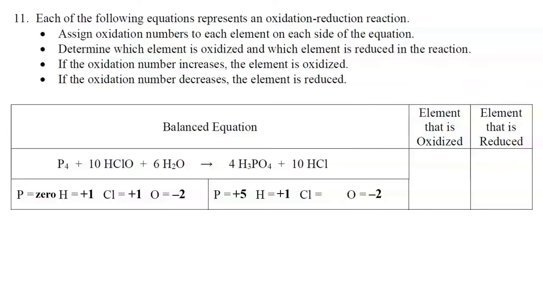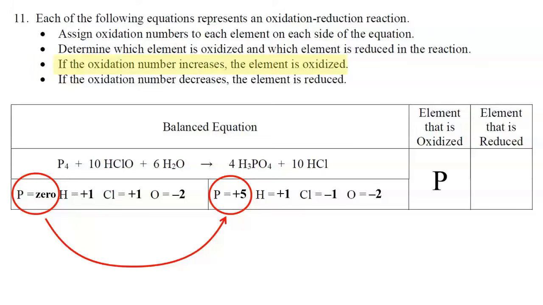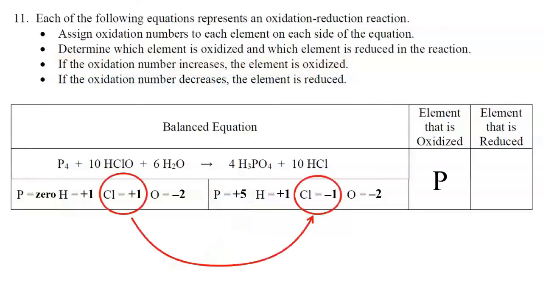And in the HCl compound, chlorine is -1. Let's see what's changing. So phosphorus changes from 0 to +5. The oxidation number is increasing. So phosphorus is being oxidized from 0 to +5. Chlorine is changing from +1 to -1. So its oxidation number is decreasing. So chlorine is being reduced from +1 to -1.